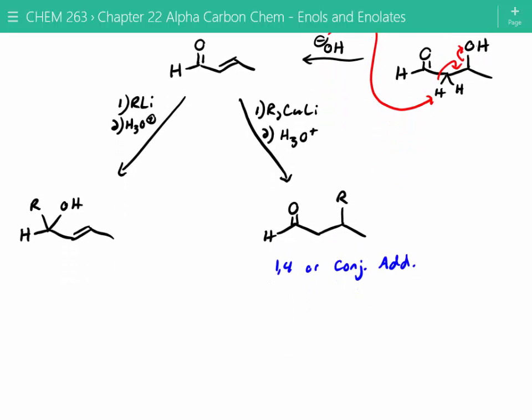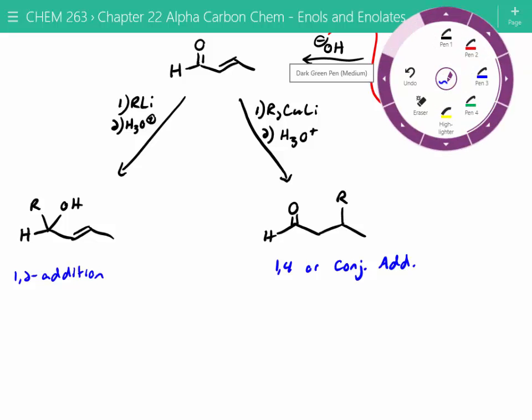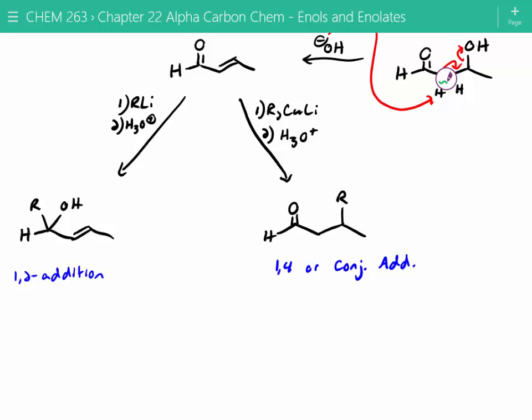This would be an example of 1,2 addition. And we said that conjugate addition is favored by weaker nucleophiles, whereas 1,2 addition is favored by strong nucleophiles.